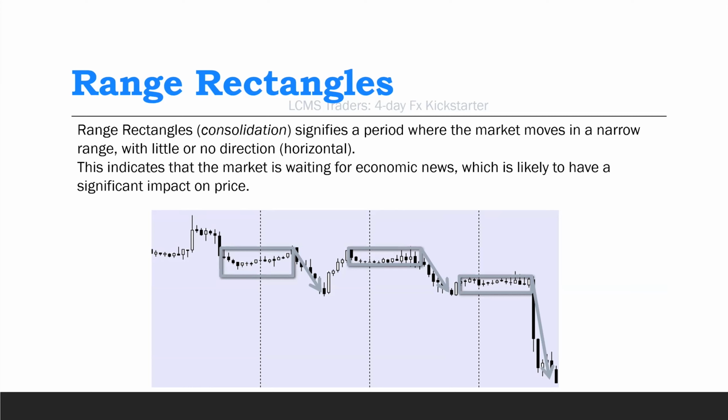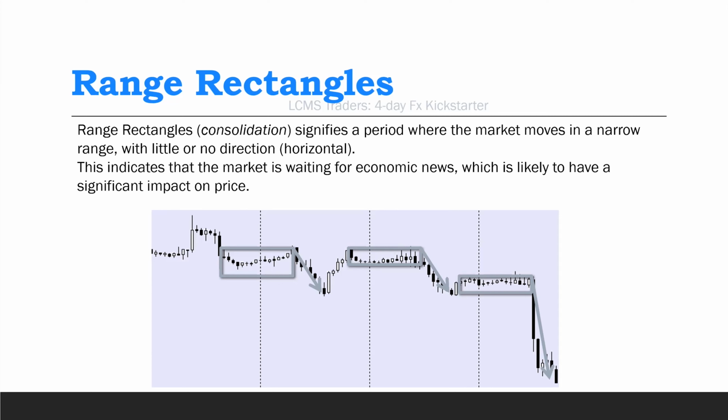If it comes out negative, we might see prices shoot down. So it's going to have a significant impact on price. What we're talking about are big impact news, high impact news. And if you refer back to the pyramids, it's probably going to be one of those on the top of the pyramids, one of those with higher volatility expected. Refer back to the pyramids if you're unsure about which economic news we're talking about.